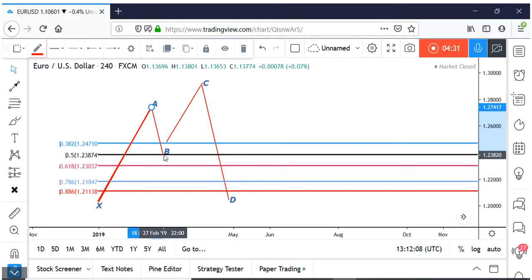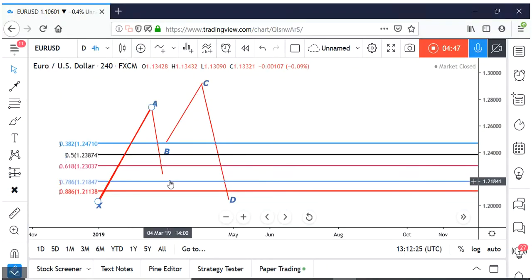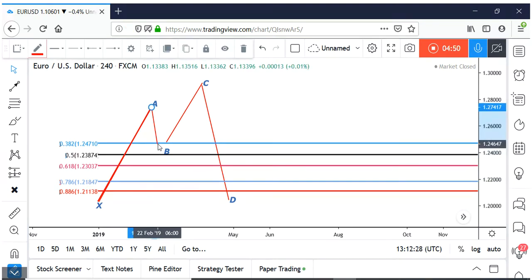If it touches 0.618, fantastic, it's still valid, but it must not touch 0.786. So anywhere between 0.382 to 0.618 qualifies it as our B leg.